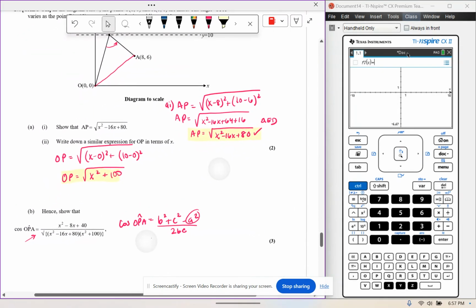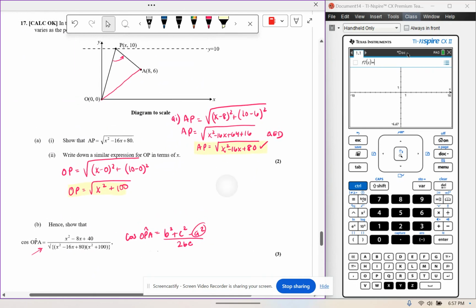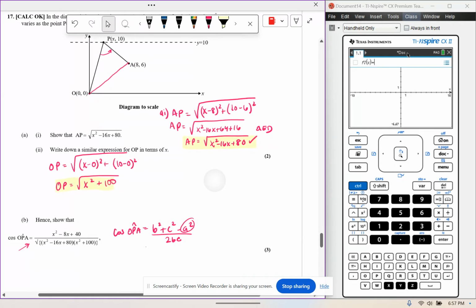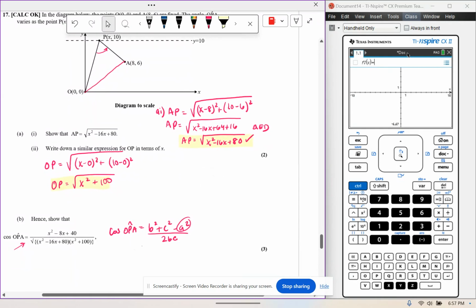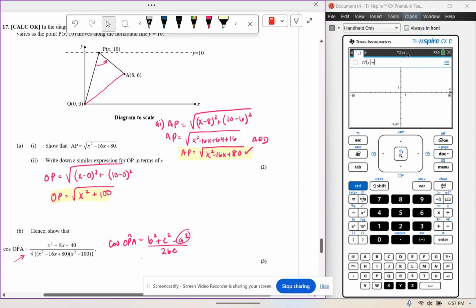And then b is going to be my first side and c is going to be my second side. The way that I'm going to find that other piece is, it's going to be 10. I'm trying to figure out what the side across from OPA would be, so I'm going to use the distance formula between these 2 points.